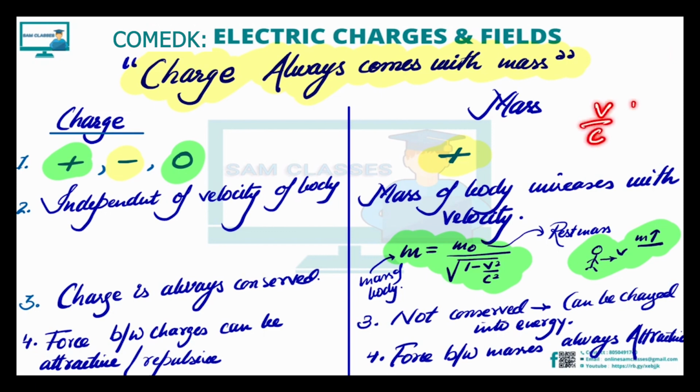So we know c is much greater than v. So v by c will be much less than 1. So 1 minus something which is very small will go down, and the denominator is very small. Again, understand, very simple.